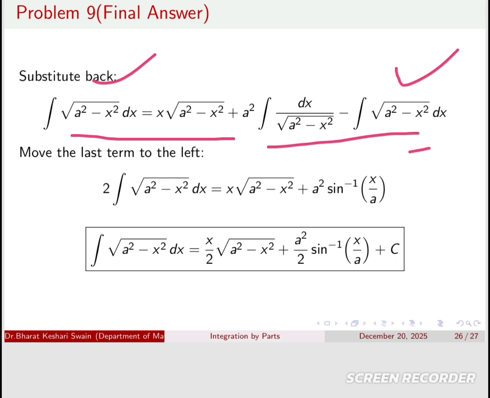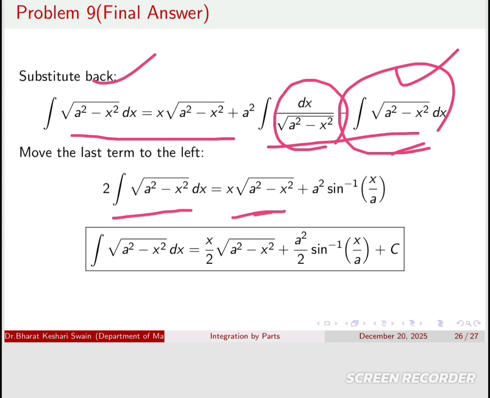Then take this term to the left hand side, so it will be 2 into this, and x into root over a square minus x square, and the integration of the other is sine inverse x by a. The final result, dividing by 2 on the right hand side, will be x by 2 into root over a square minus x square plus a square by 2 sine inverse x by a plus c.